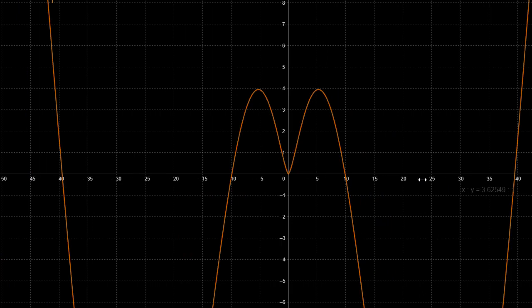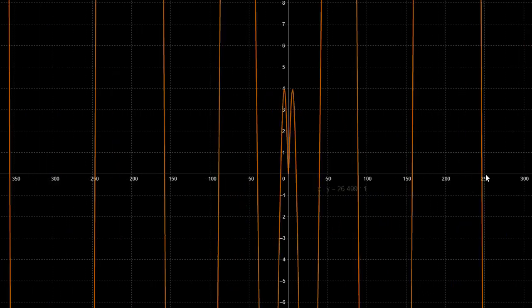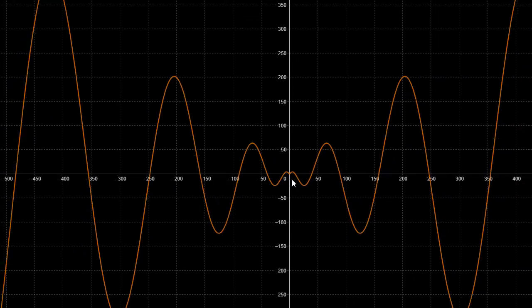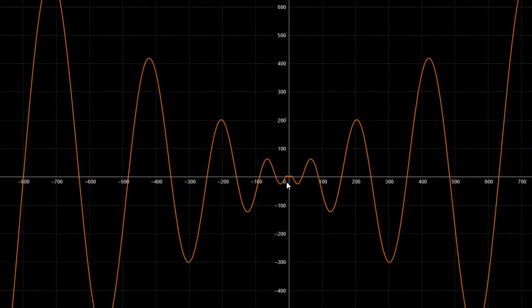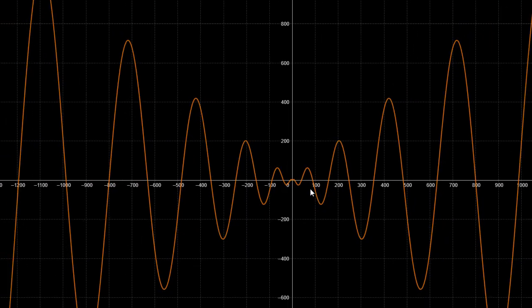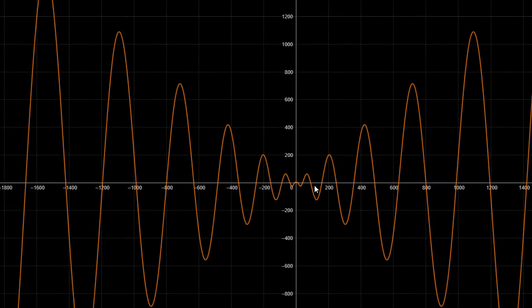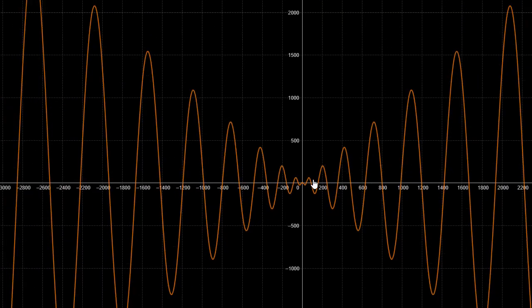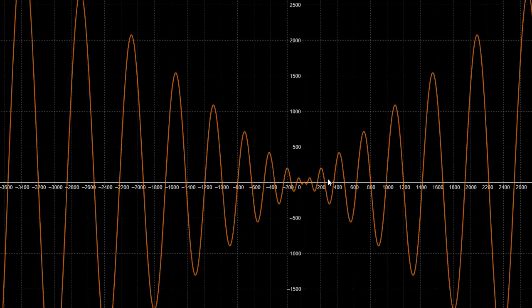However, when we move our x's in, we start to see more graph. And if we do the same thing in the y, oh, this is some strange behavior here. And in fact, if I zoom it out in both directions, we start to see that this graph is oscillating and increasing and decreasing without bound.